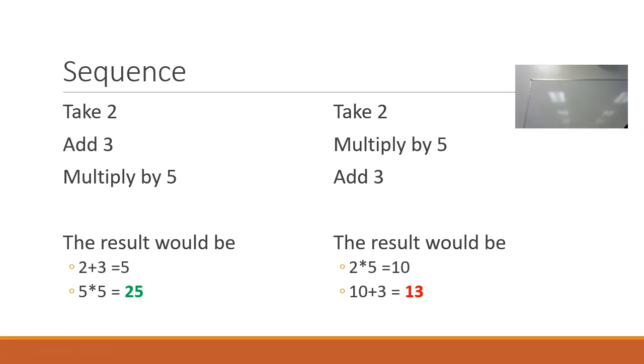So if you actually wrote 2 plus 3 times 5 equals, who knows what the answer to that would be? That's kind of what this is saying. But what you'd actually do is do this first, mathematically. So you do 3 times 5 is 15 plus 2. You'd get 17.